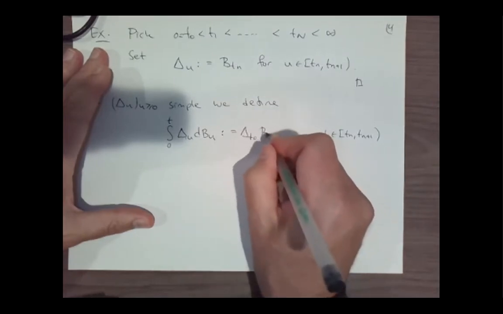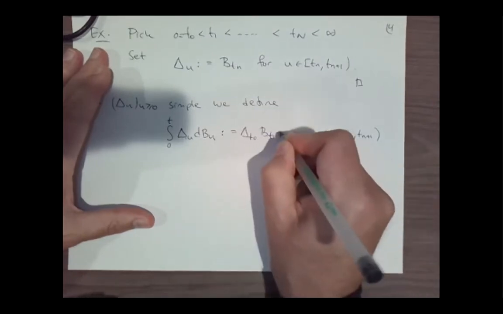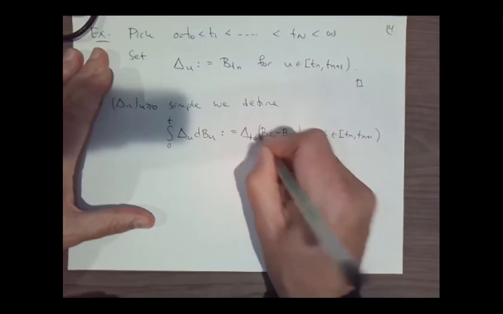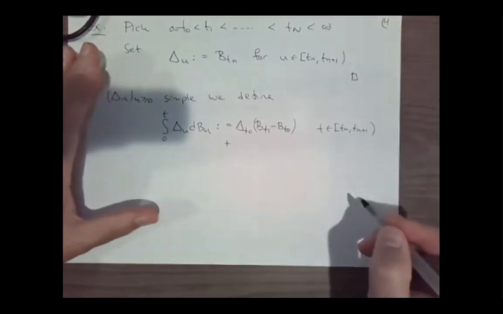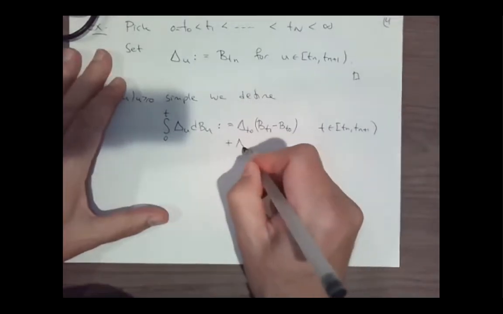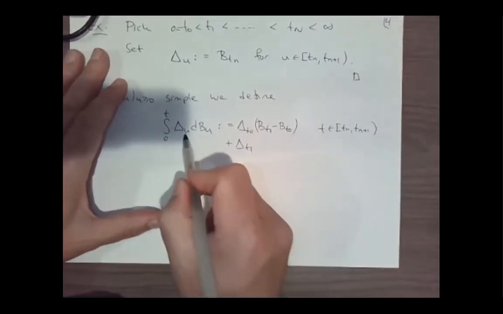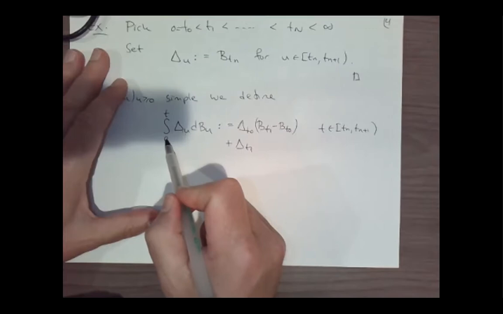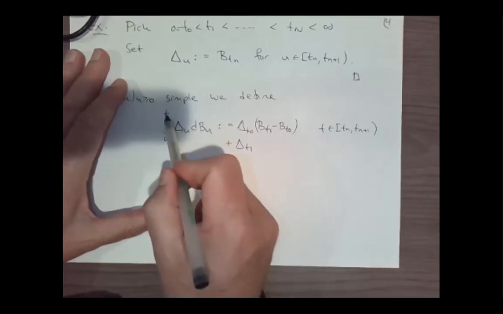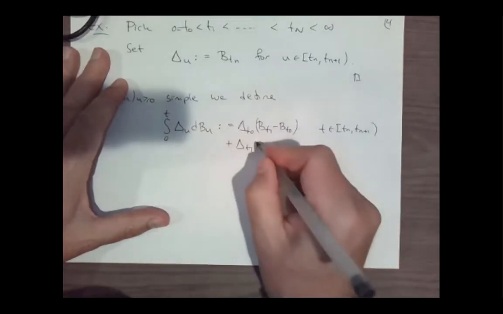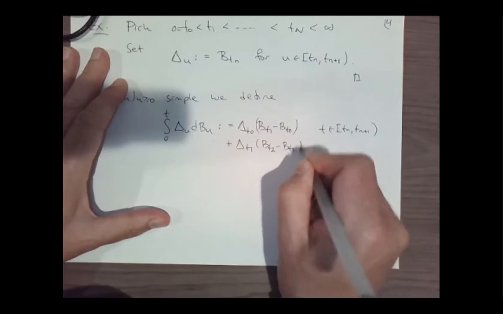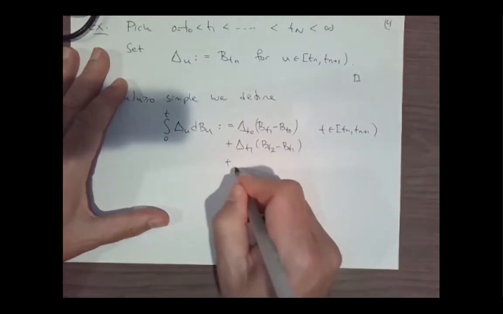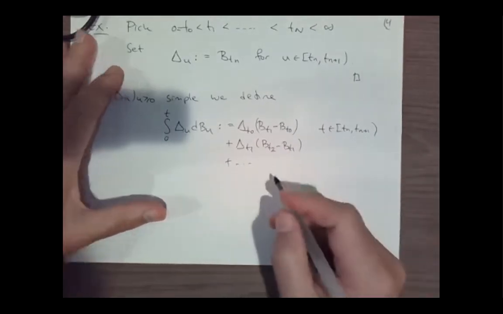That will be B(t1) minus B(t0), plus, then on the next interval, Delta t1 times B(t2) minus B(t1), and we'll keep doing this until the last interval.